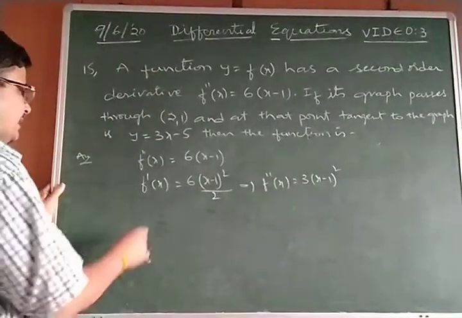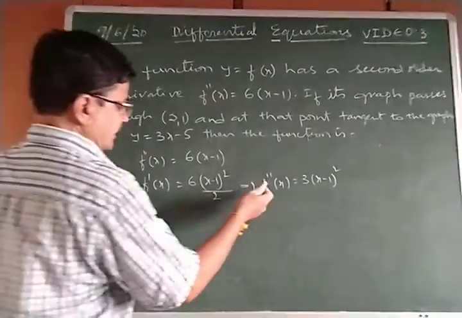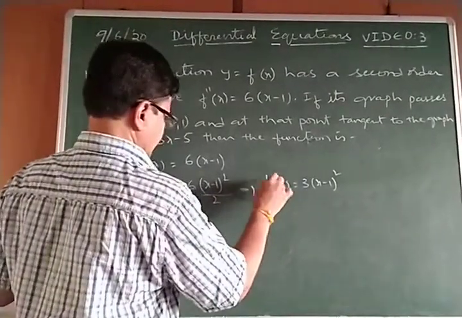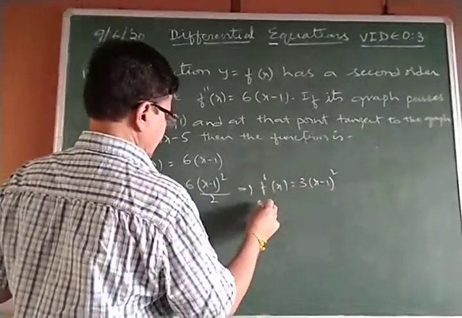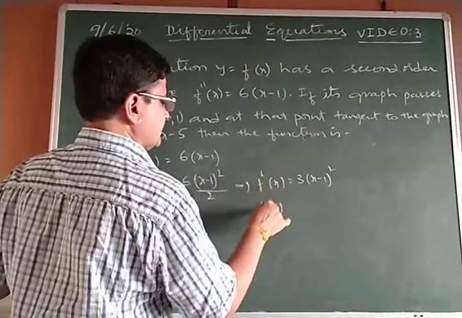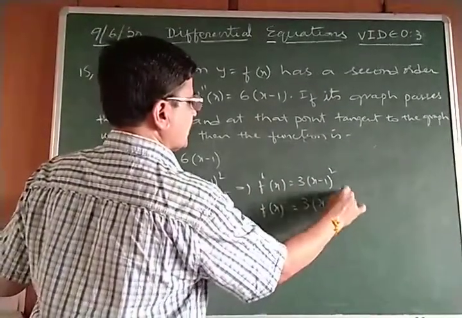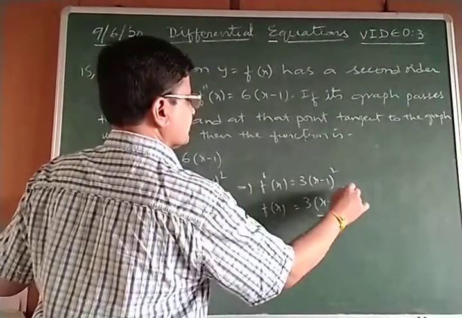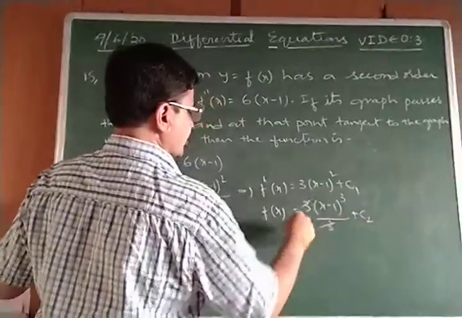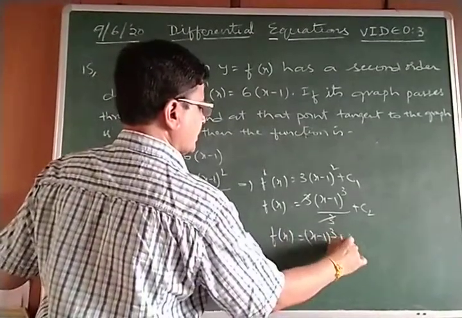And again applying integral on both sides, the integral of f dash x is f of x, that is equal to 3 into (x minus 1) whole cube by 3 plus c2. The 3 cancels, so f of x is equal to (x minus 1) whole cube plus c2.